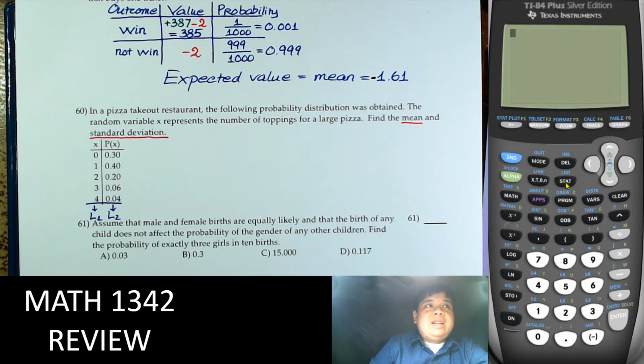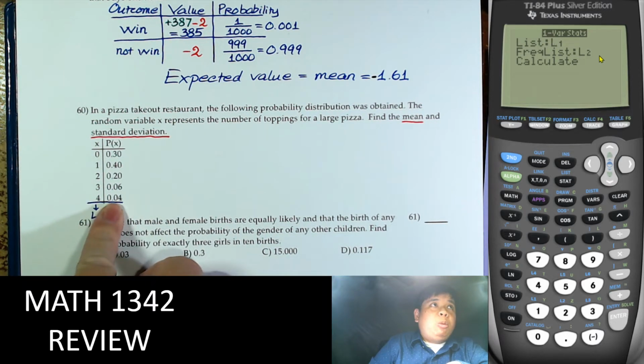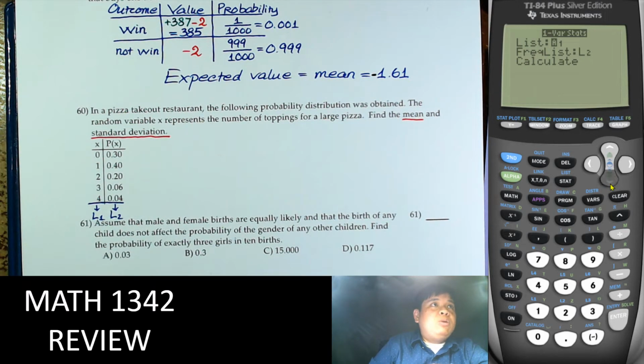Right, and then stat. Calculate one variable statistic. The list, the values, list 1, the frequency list is list 2, which is the probability, and then we just calculate.